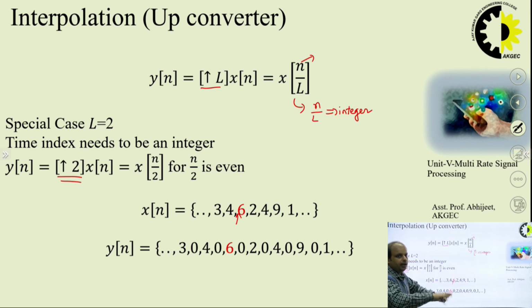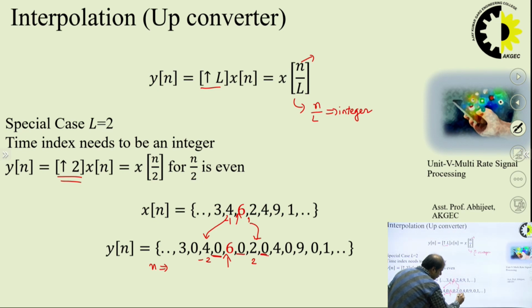The 0 will become 0, the minus 1 will become minus 2, the 1 will become 2. These are the time indices I am talking about, which means that in between we will insert zeros. So upsampling means that we insert zeros between 2 consecutive samples.